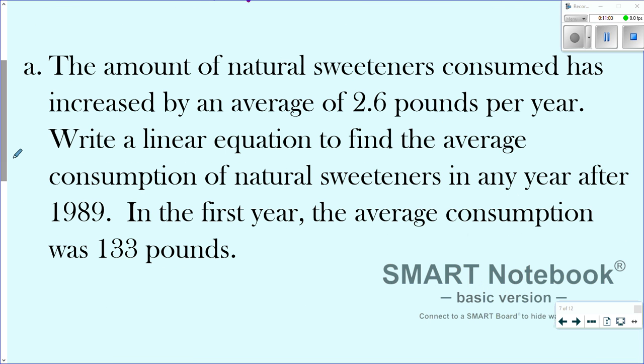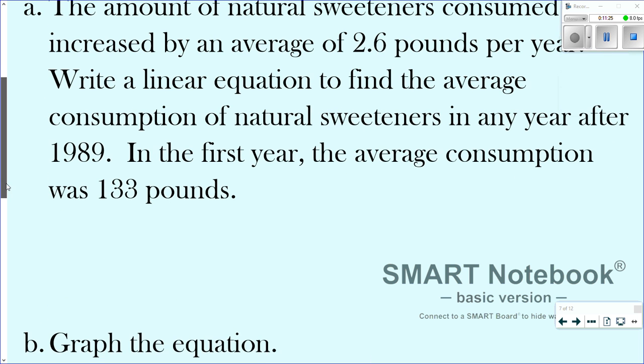So it says the amount of natural sweeteners consumed has increased by an average of 2.6 pounds per year. Write a linear equation to find the average consumption of natural sweeteners in any year after 1989. In the first year, the average consumption was 133 pounds.